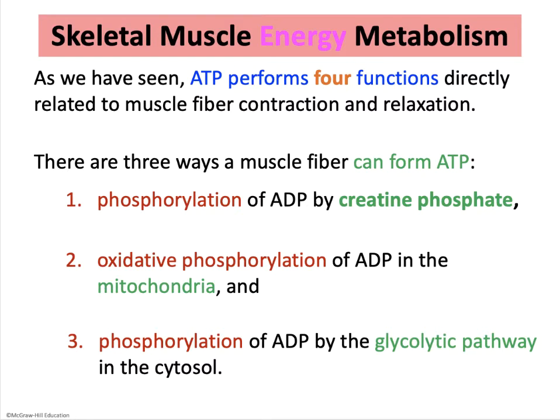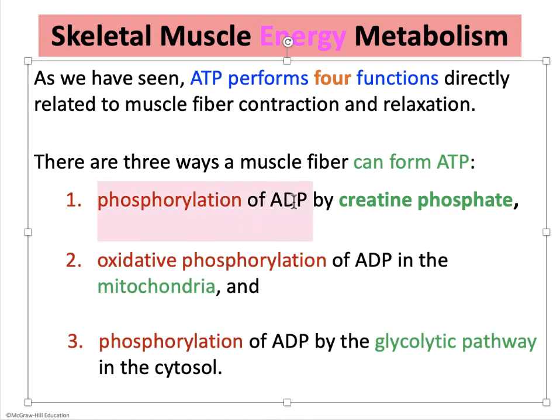Regeneration of ATP can occur by three mechanisms. The first is phosphorylation of ADP by a substance called creatine phosphate. The second is through mitochondria with oxidative phosphorylation that involves oxygen and the electron transport chain.